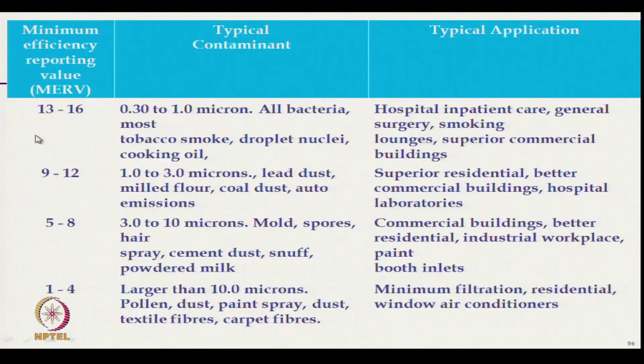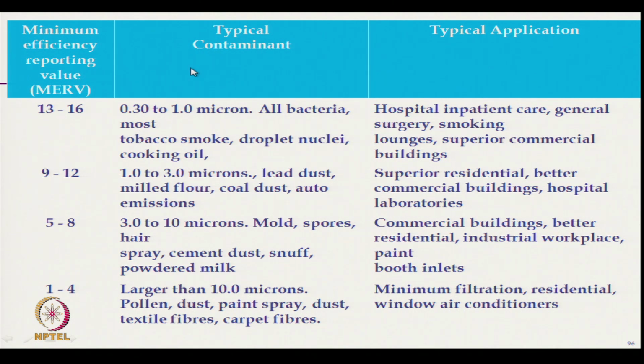MERV 13 to 16 means very high filtration efficiency, with a particle size range of 0.3 to 1 micron, covering all bacteria and tobacco smoke. These are used in hospitals and general surgery.